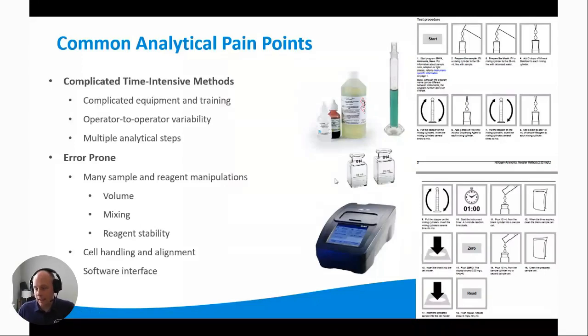In addition to that, if I do the test one way and my other operator on a different shift does it a different way, there's a significant amount of operator to operator variability associated with this kind of analysis, and like I said, there are multiple analytical steps here where there's opportunities for errors, and they're time intensive.